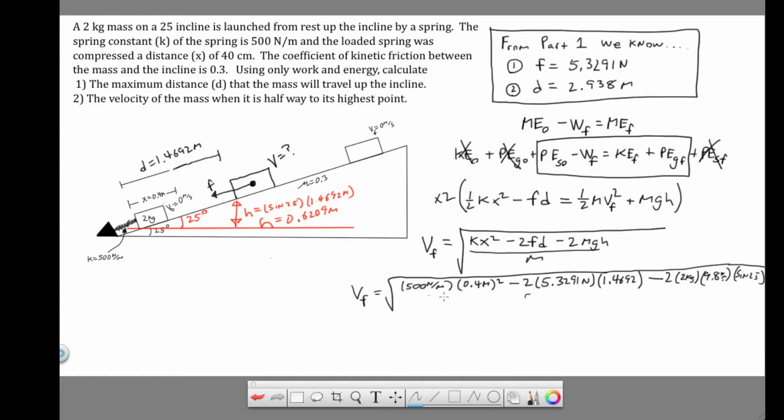Barely made it. Okay, then we divide all this by the mass, and this is all inside the square root, and then the mass is 2 kilograms. So v final, when you punch this into your calculator, comes out to be 4.4722 meters per second, which we could just round to, I don't know, 4.5.